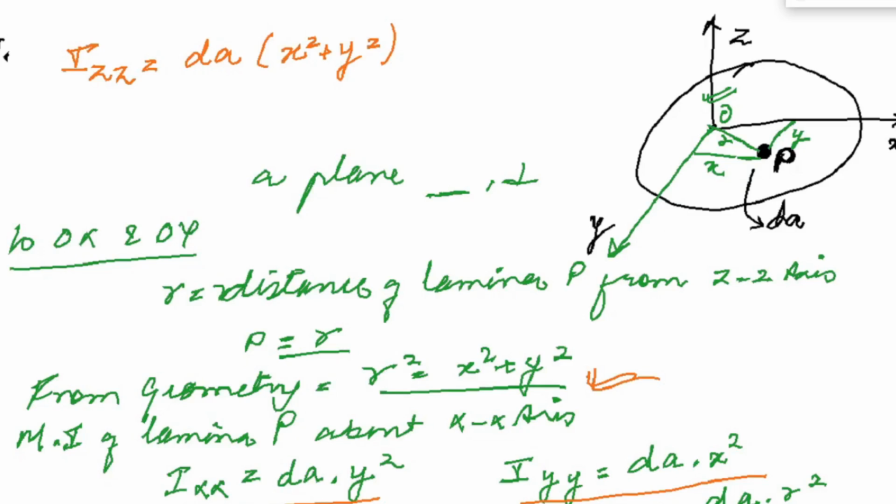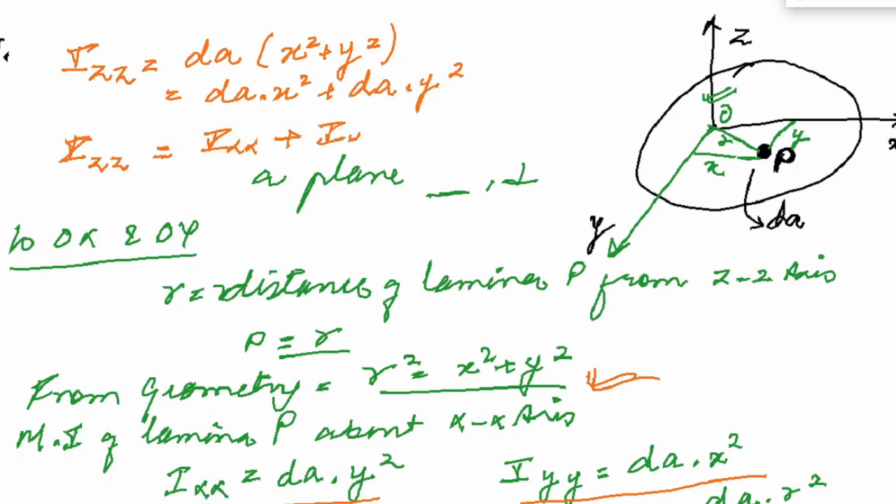So it is dA times x square plus dA times y square, which gives Izz equal to Ixx plus Iyy.